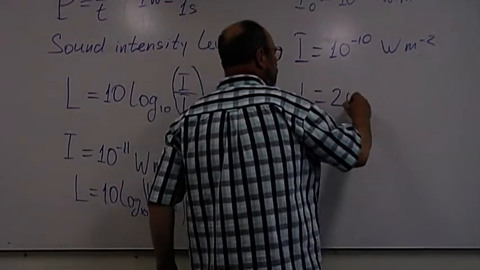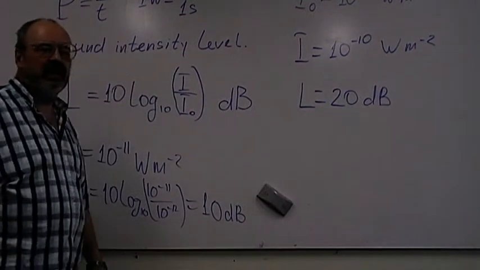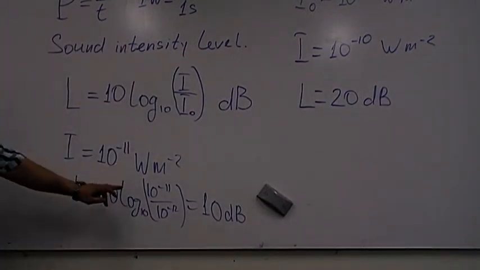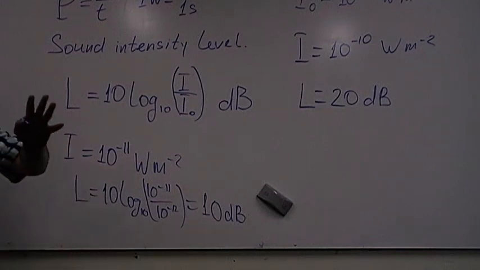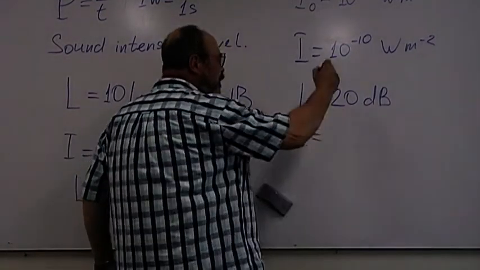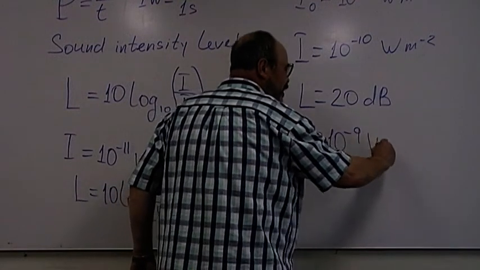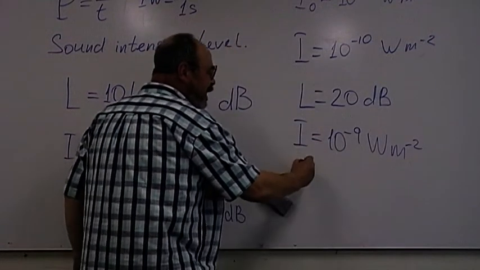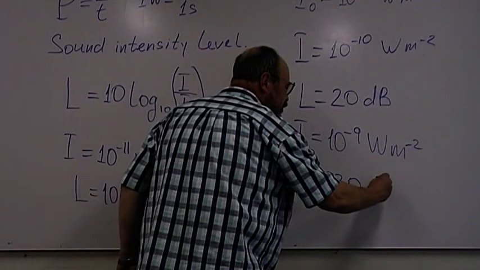So what pattern can you see? Let's do one more to make this pattern clearer. Let's increase intensity 10 times more, 10 to the negative 9. It'll be 30. For every time the intensity is multiplied by 10, the level goes up by 10 decibels.